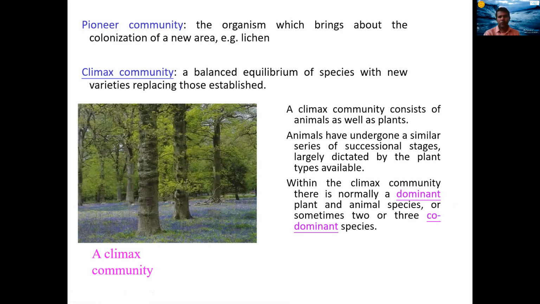They have to follow many different steps, and at the end they will have this kind of stable climax community, right? In this type of climax community, the community composition and the interaction will be more stable than the previous one, right? So I hope you can understand these things.